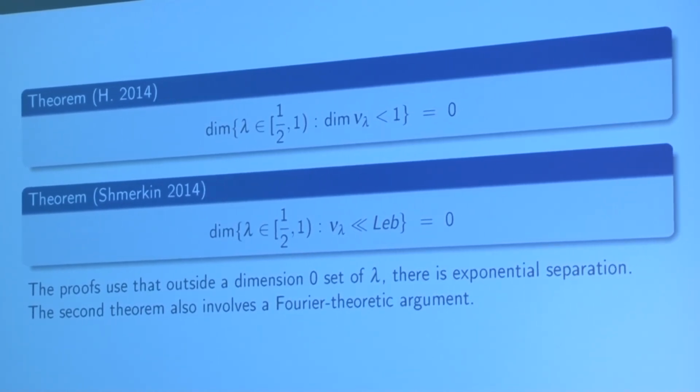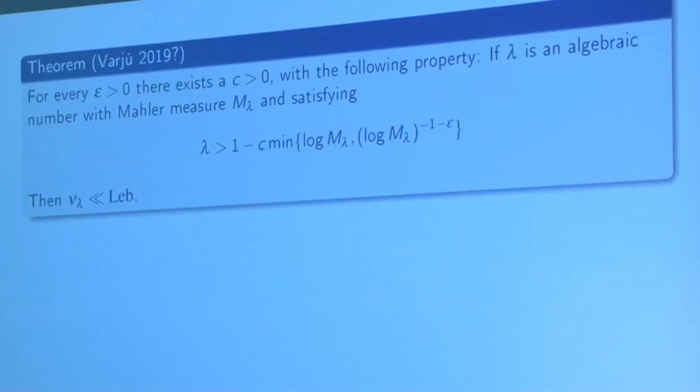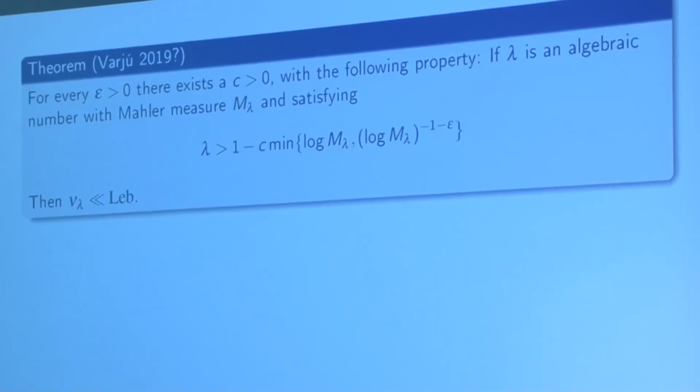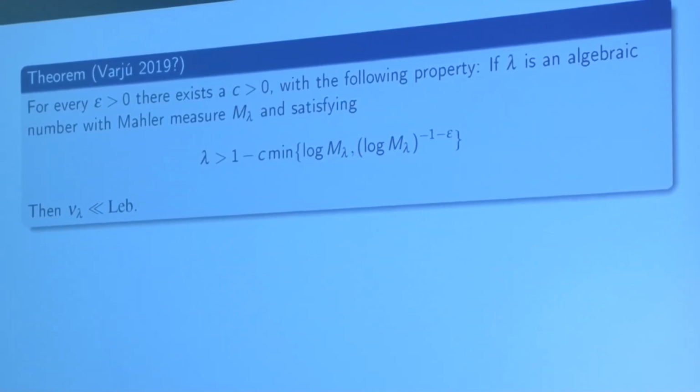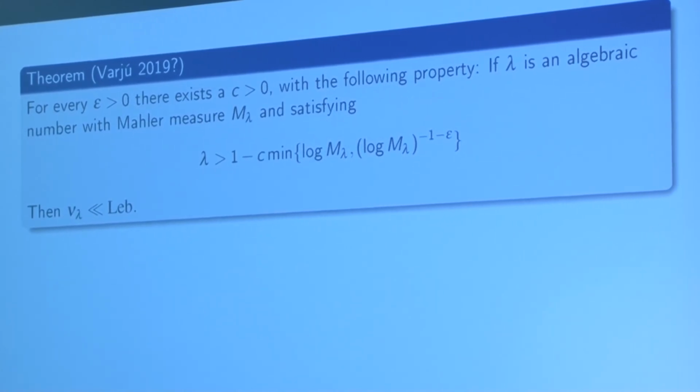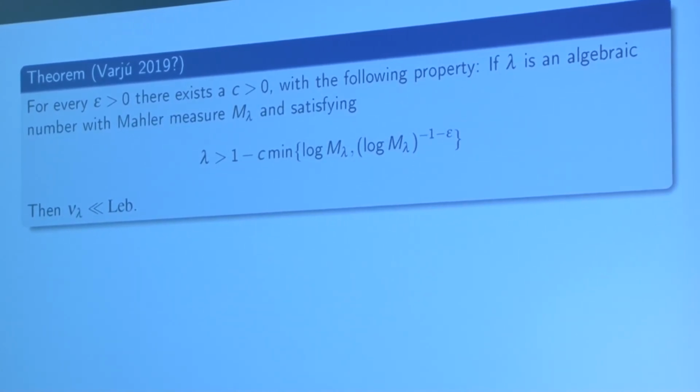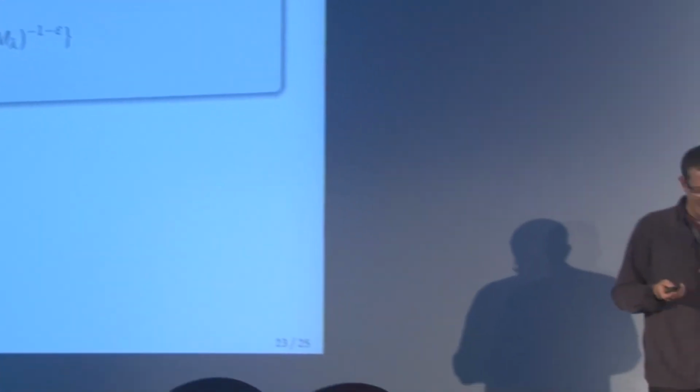And I want to mention two more recent results. Up until 2 years ago, there were only two classes of numbers where we could actually verify that nu lambda is absolutely continuous.